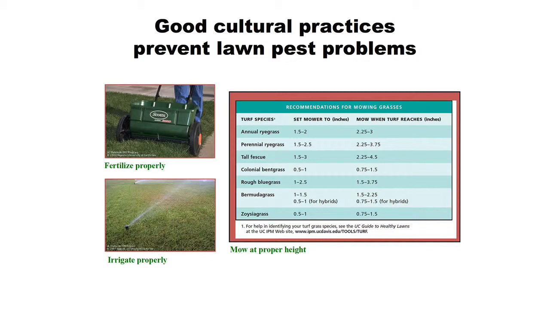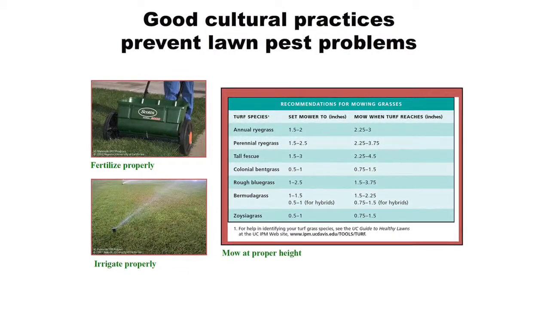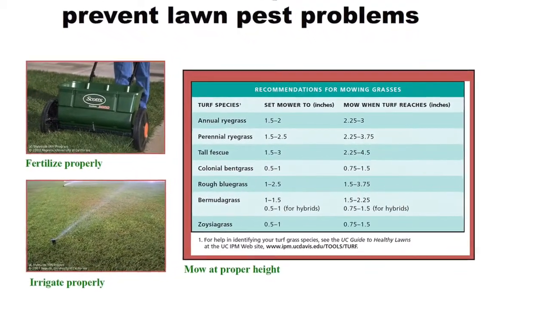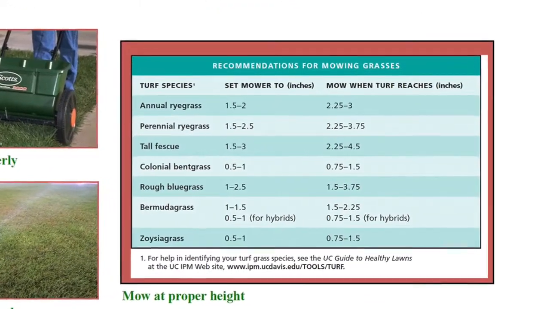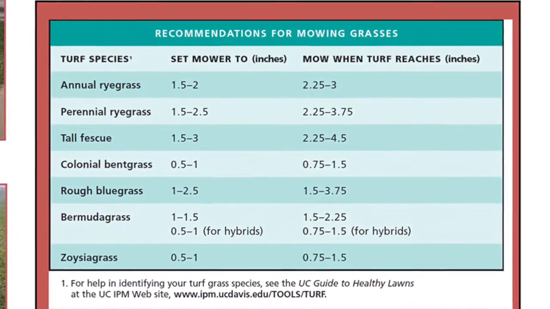One of the things about turf is you want to mow it at the right height. If you mow your turf too short, then it doesn't have the strength to outcompete weeds. It doesn't have the strength to resist some of the insect and pathogen problems. You want to mow it at the right height, and that's one thing you find at putting greens.